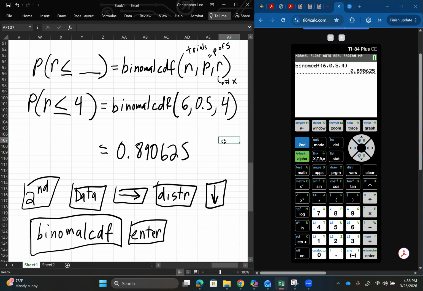What did you put for probability? It looks like an error message. So what did you put for probability? 6.5? No, 0.5.